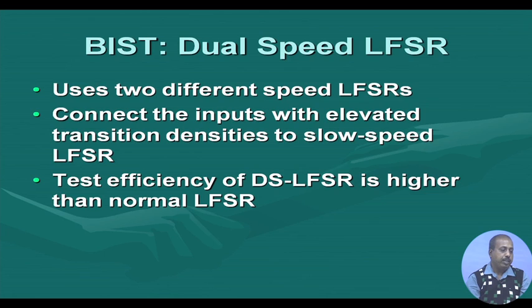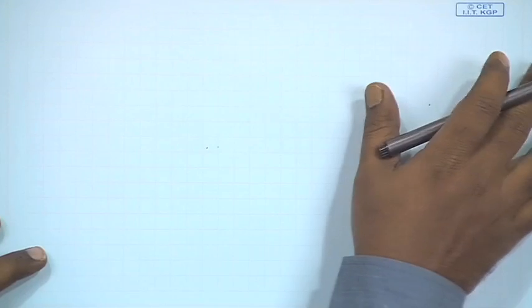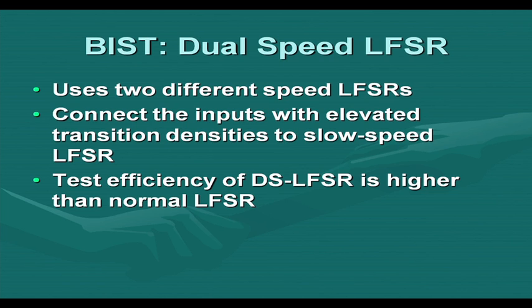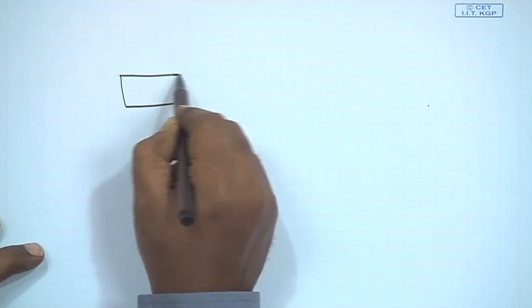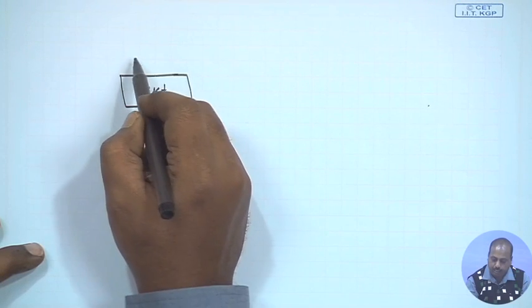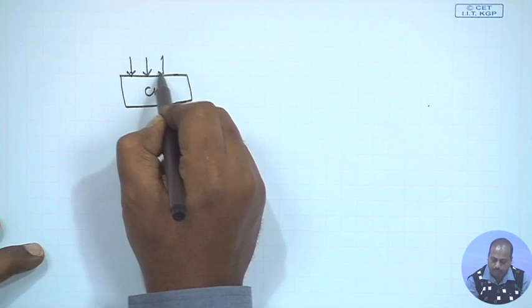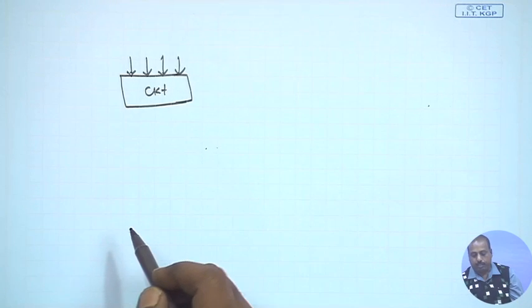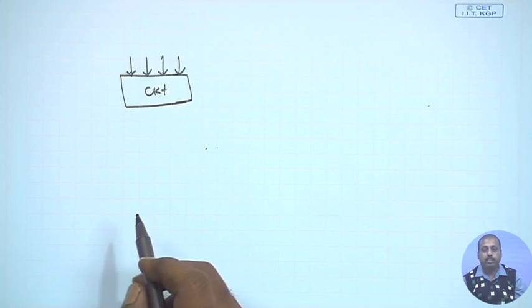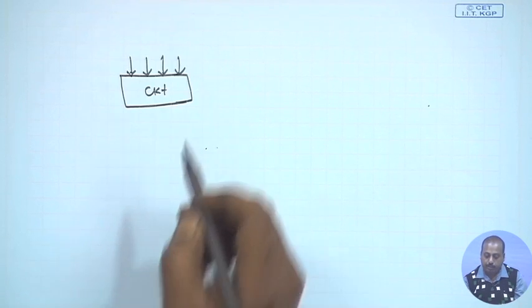We can have a dual speed LFSR, with two LFSRs of different speeds: one operating at a higher speed and another at a lower speed. One LFSR drives the inputs with elevated transition densities, the slow speed LFSR. In a circuit, it is not that all inputs are equally going to change and affect an equal amount of transitions in the gates.